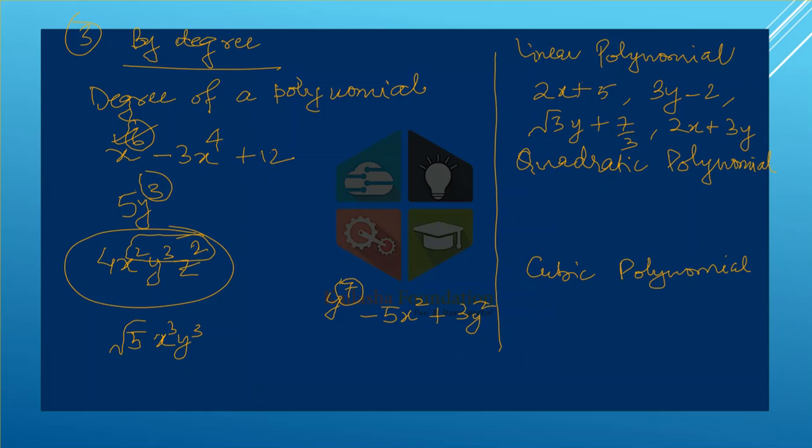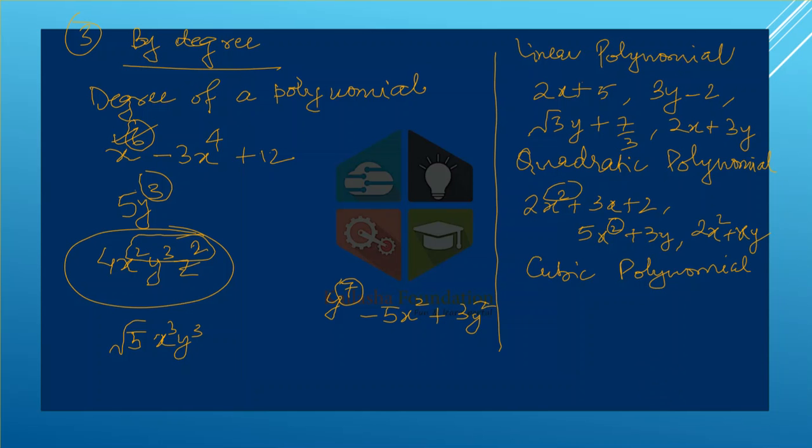Thereafter quadratic polynomial: 2x square plus 3x plus 2 or 5x square plus 3y or 2x square plus xy. The highest power is 2.